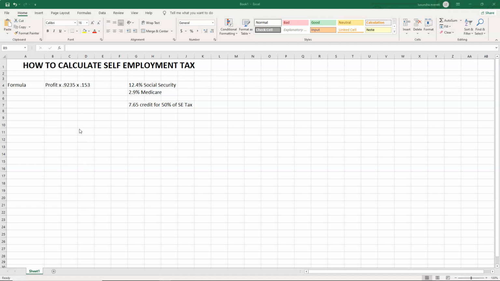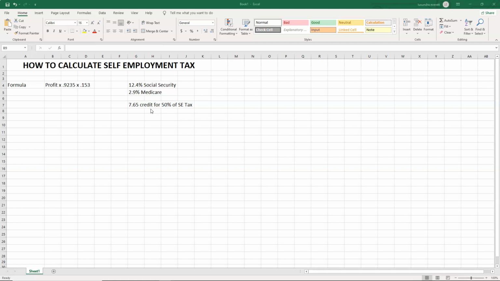All right. So the formula for calculating your self-employment tax is you take your profit, which is what you pay self-employment tax on, times 0.9235 times 0.153. Okay. So first, this 0.9235. The reason you multiply by 0.9235 is that you get credit for 50% of your self-employment tax as an adjustment to your income.